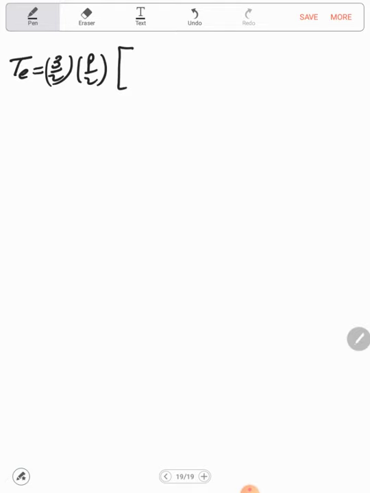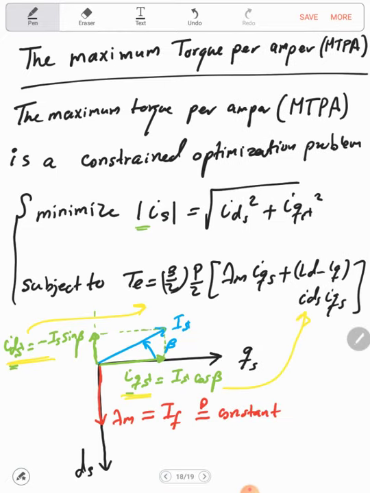Now here we have lambda m, and instead of the IQS I will use IS cosine beta, and here we have a plus IDS LD minus LQ multiplied by IQS.